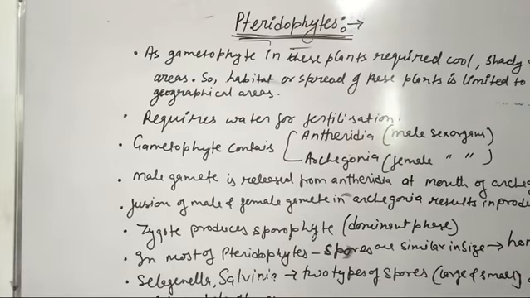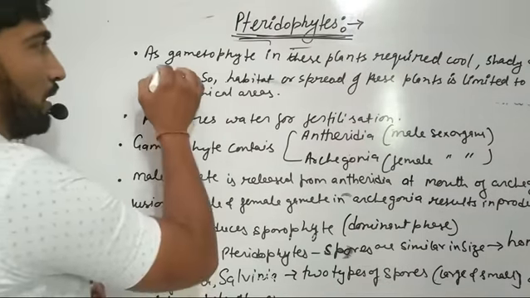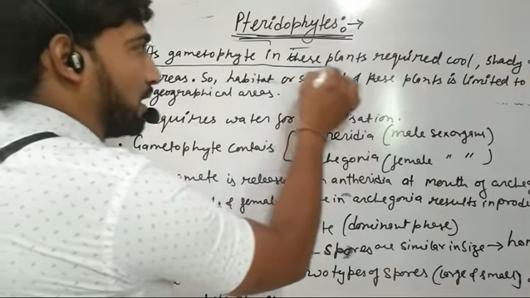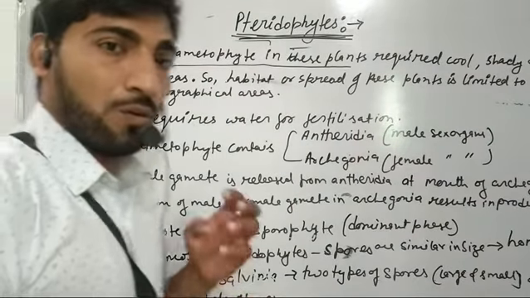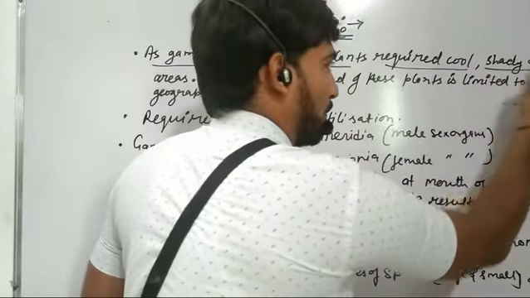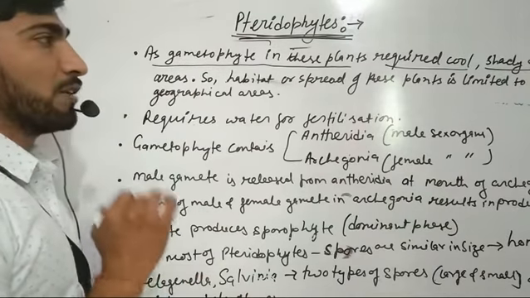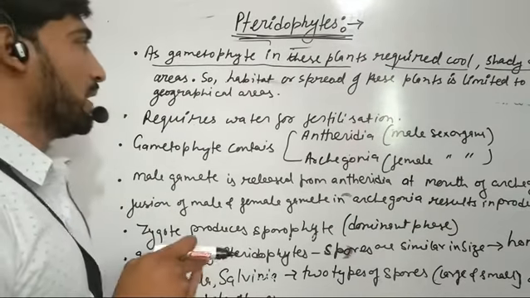Now the next characteristic feature of pteridophytes is that the gametophyte in these plants requires cool, sandy and damp areas, so these plants are usually found in cool, sandy and damp areas.